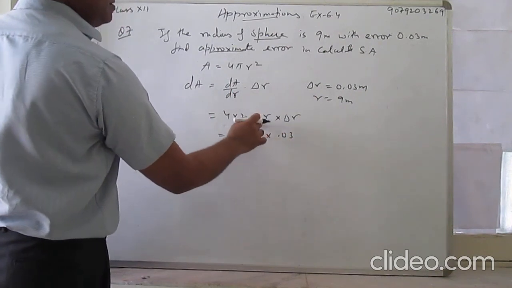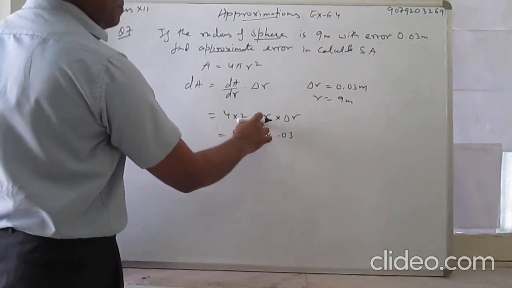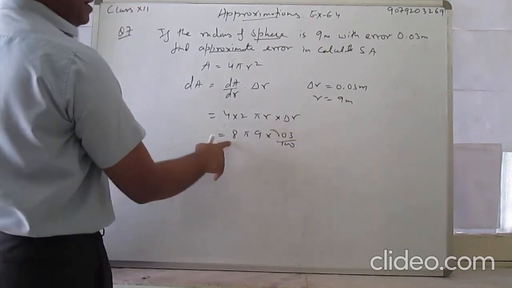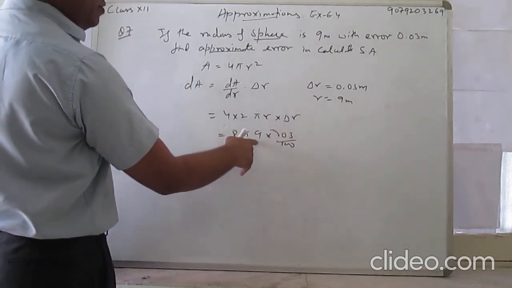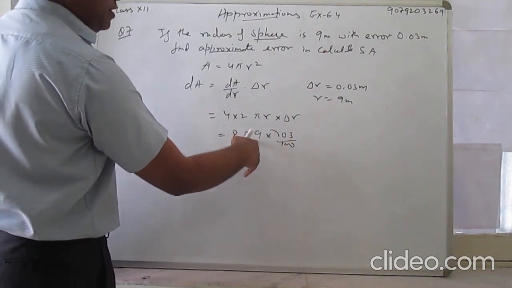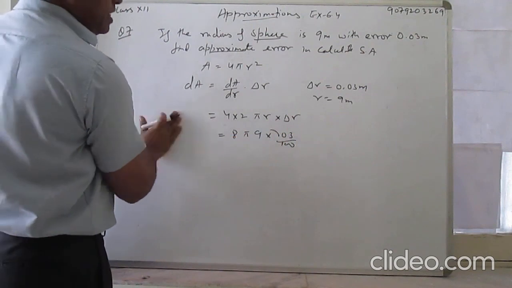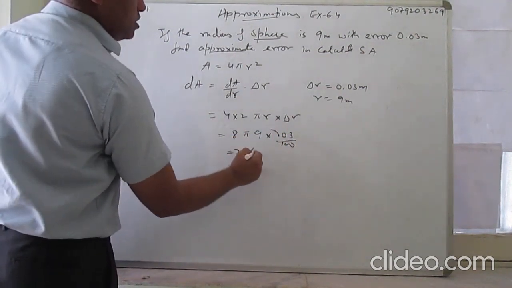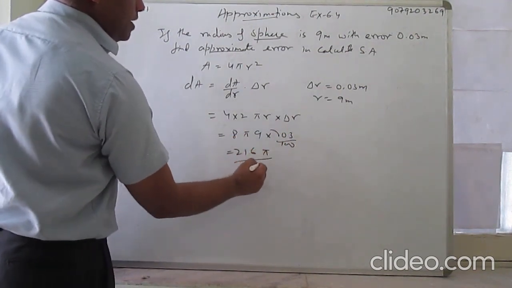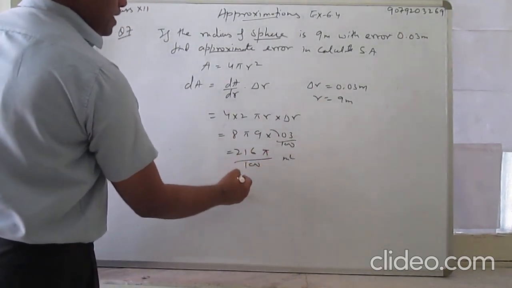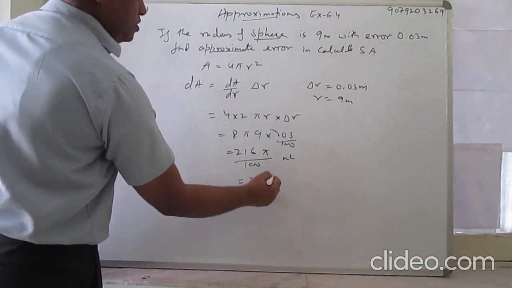The unit is meter squared. Dividing by 100, 8 nines are 72, 72 into 3 is 216 pi upon 100 meter squared. So it is 2.16 pi.